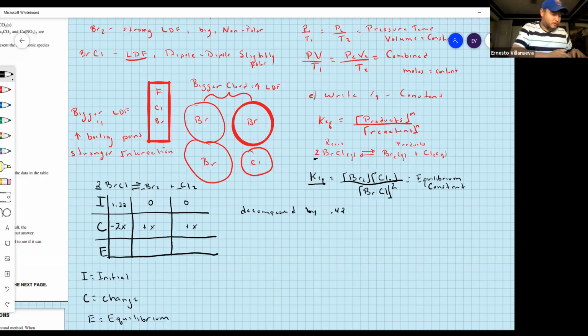And if you take 1.22 minus 0.51, because it's decomposing, you end up with 0.71.